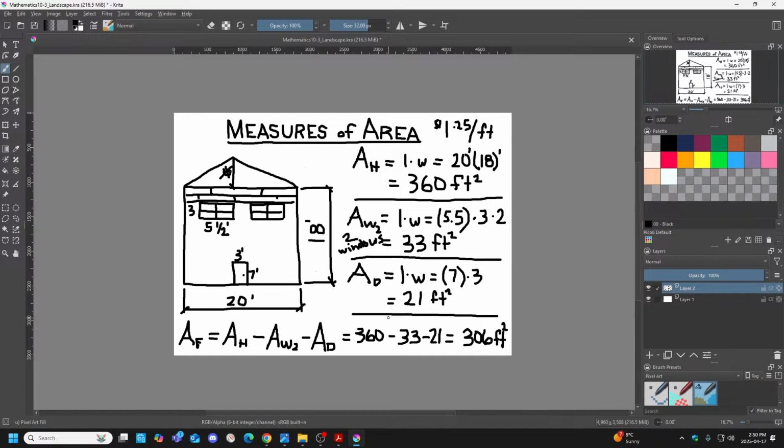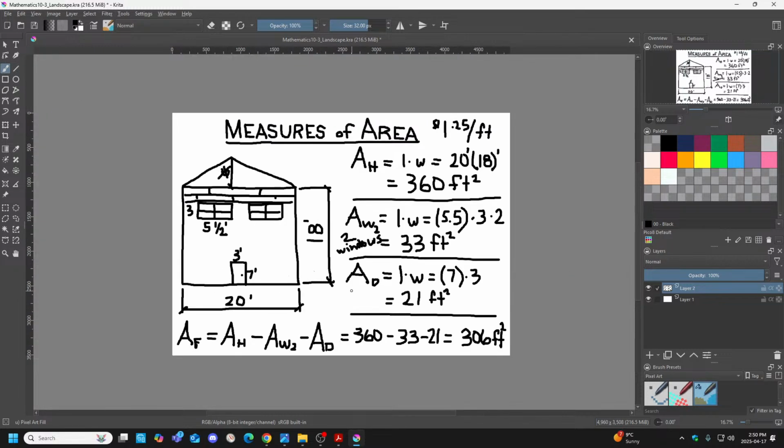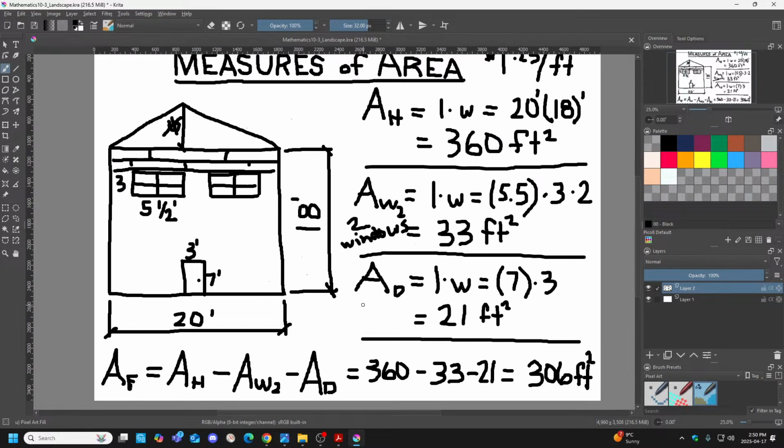We could double check our work. Just because the answer sheet has an answer doesn't mean it's 100% correct, because we're humans. 20 times 18. 360.